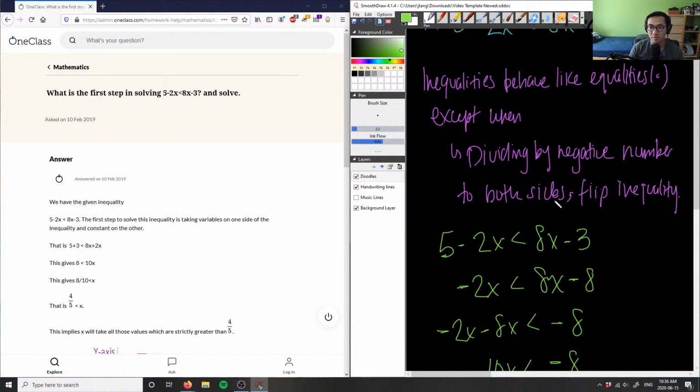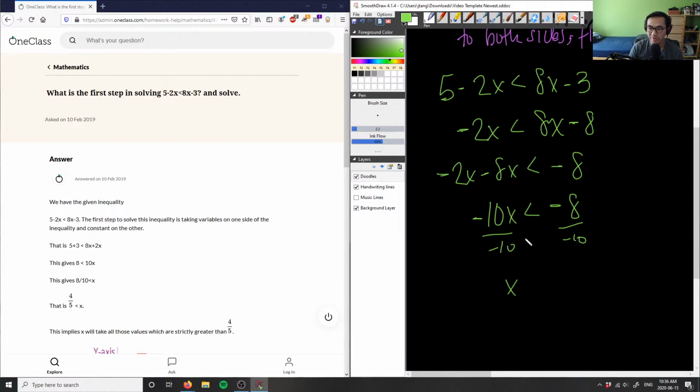So this meets my exception. Inequalities behave like equalities, except when dividing by a negative number to both sides, we flip the inequality. In this case we're dividing by -10, which is a negative number. So therefore, we're going to flip this less than into a greater than sign. We do the same thing with our equalities, and then we do algebra.